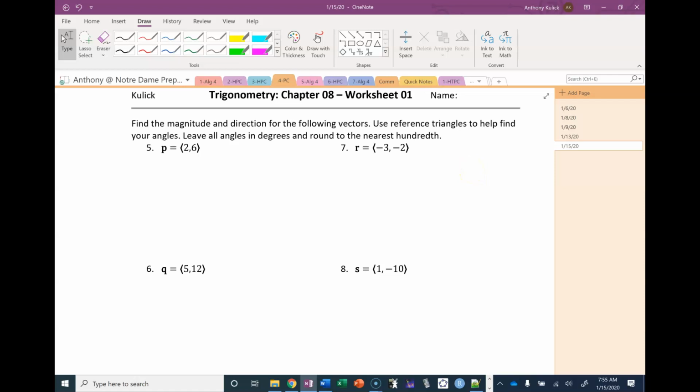It says, find the magnitude and direction for the following vectors. Use reference triangles to help find your angles. Leave all angles in degrees and round to the nearest hundredth. Okay, so I'm going to find the magnitude first. The notation we use for the magnitude of vector p is those vertical bars. The magnitude calculation is just the x component squared plus the y component squared, square rooted.